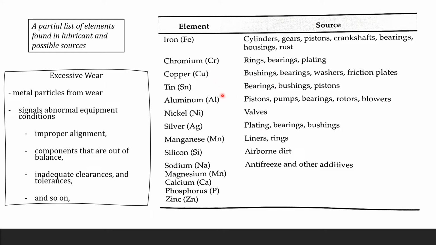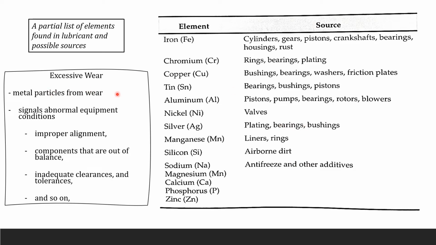Also, if you take Chemistry 1 and 2 here at our school, you're going to see chromium is in rings, bearings, and plating. Copper: bushings, bearings, washers, and so on. So various elements, and these are your sources in your equipment.